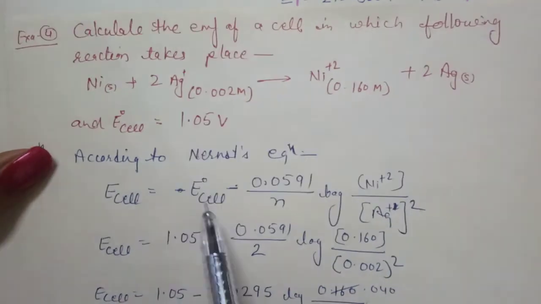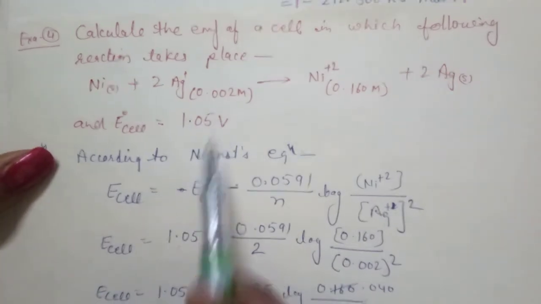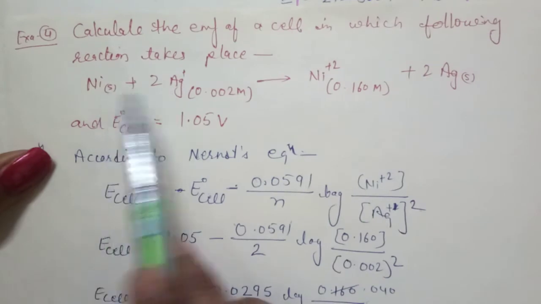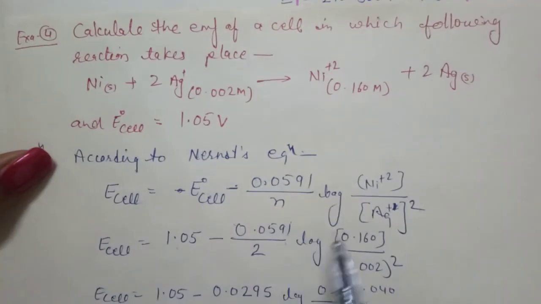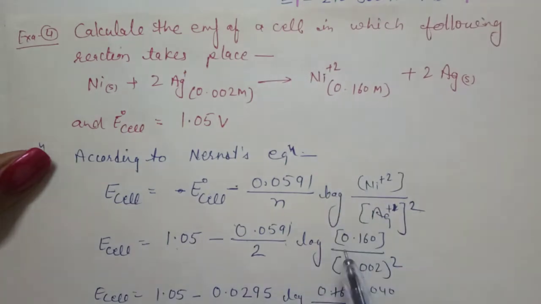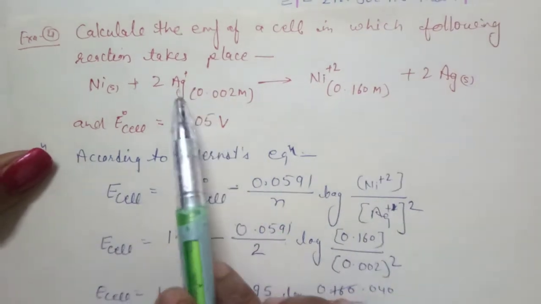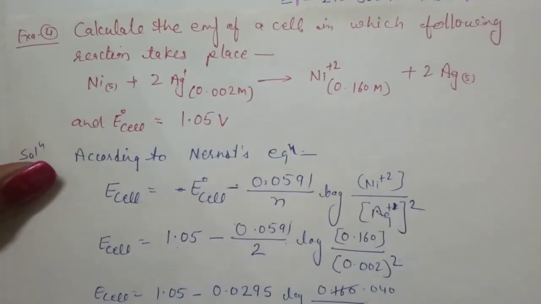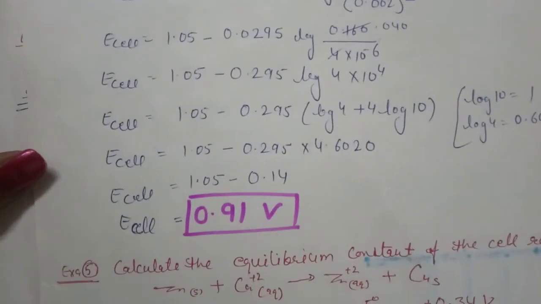Now putting the values: E naught cell is 1.05 minus 0.059 upon 2, because 2 electrons are transferred, log concentration of Ni plus 2 ion, which is 0.160, upon concentration of Ag plus, which is 0.002 whole square. Now solve this.